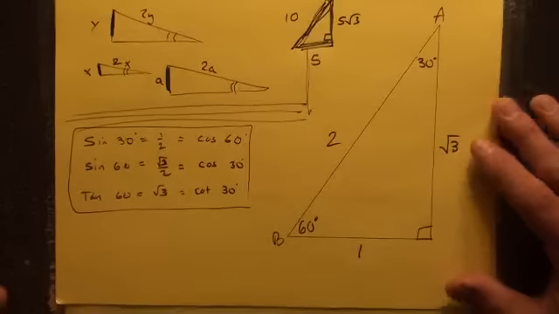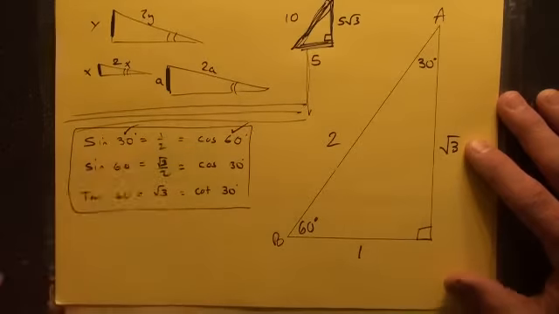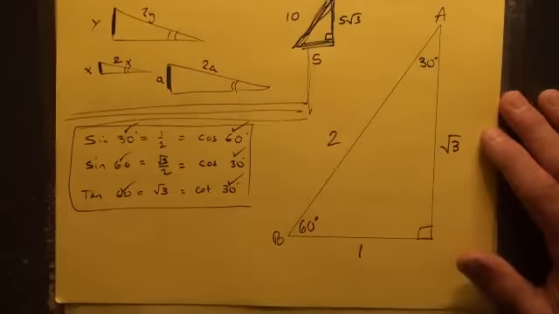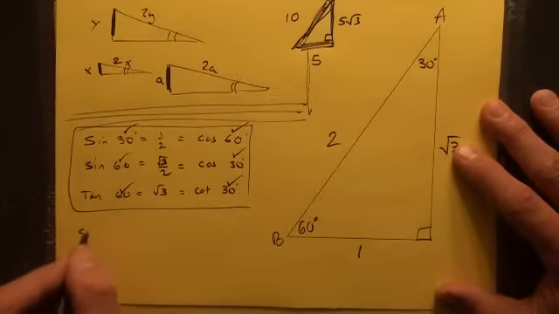The pattern is this. If you notice, 30 plus 60, 90. 60 plus 30, 90. The pattern is this.